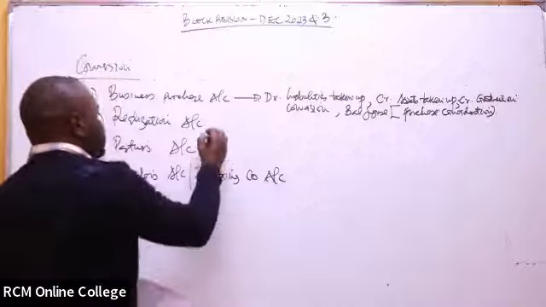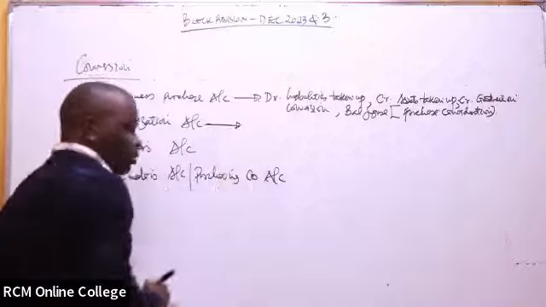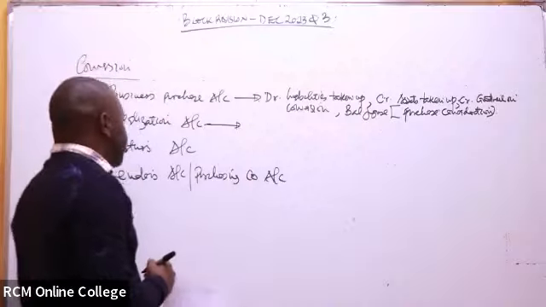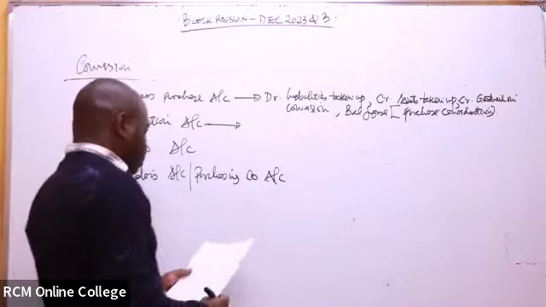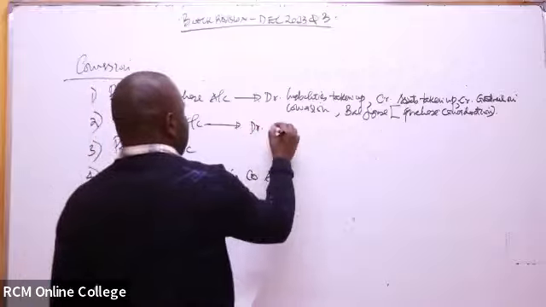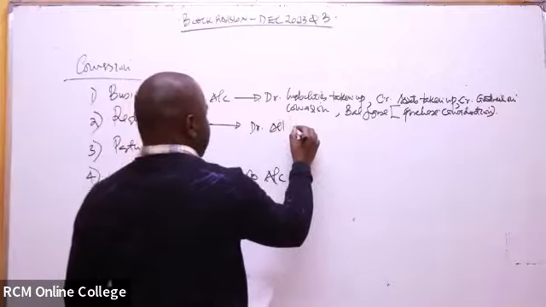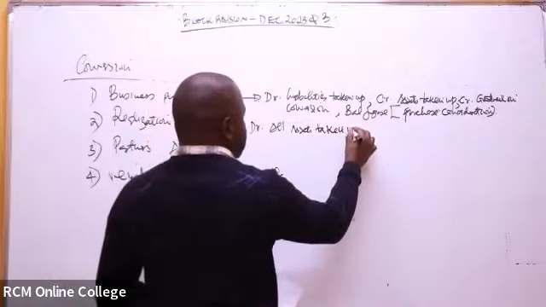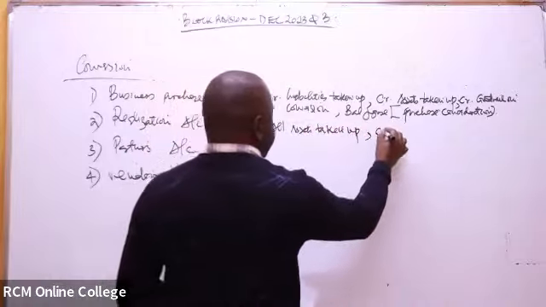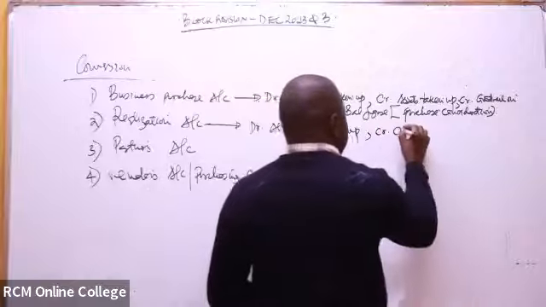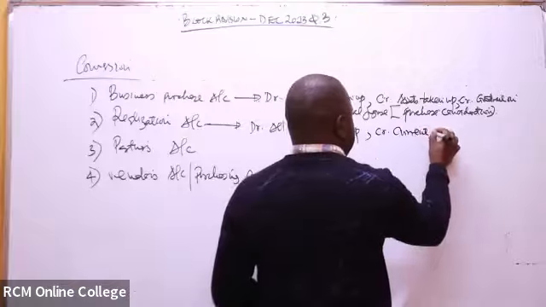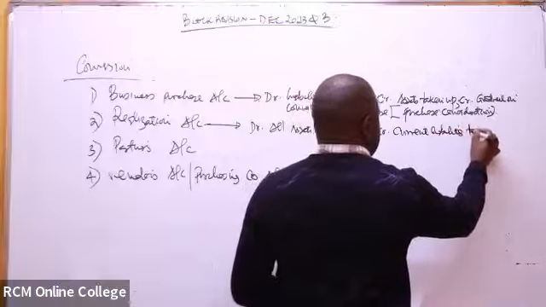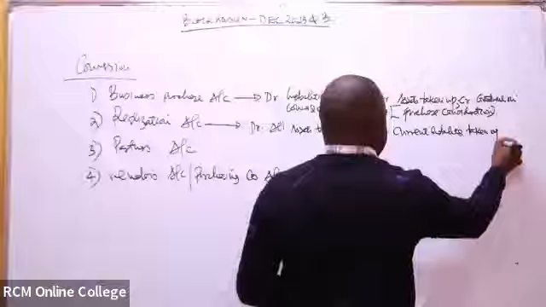Then we have this one. You might also be called upon to prepare it. It is known as the realization account. So with this one, you'll debit all the assets taken up. Then you'll credit the current liabilities taken up.